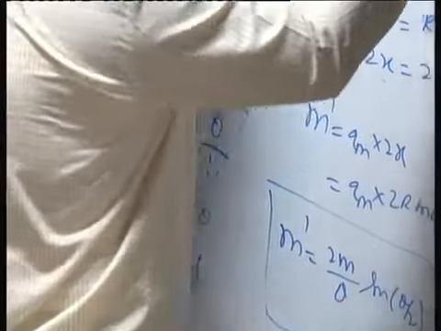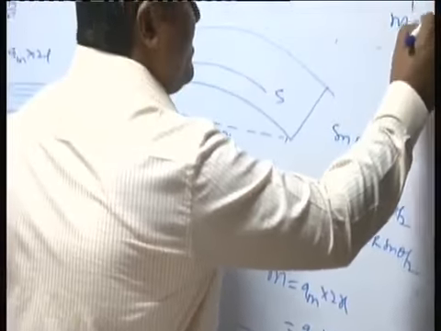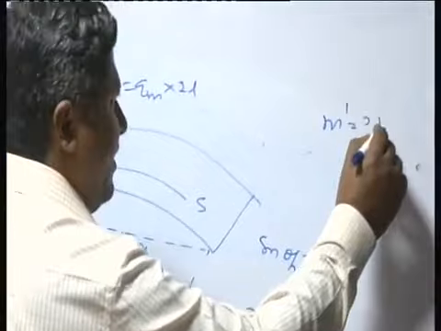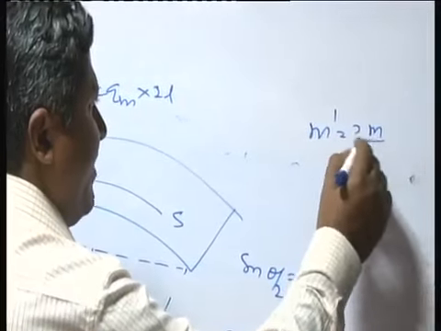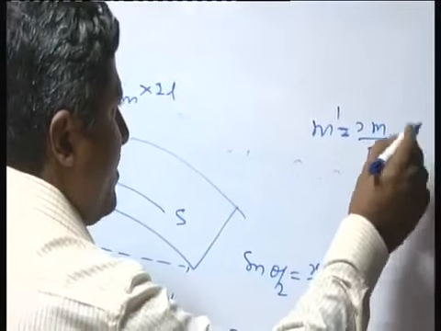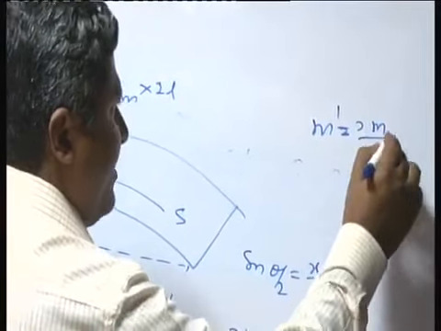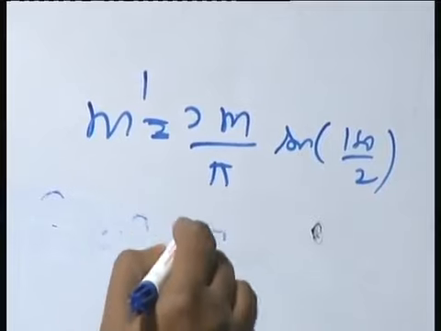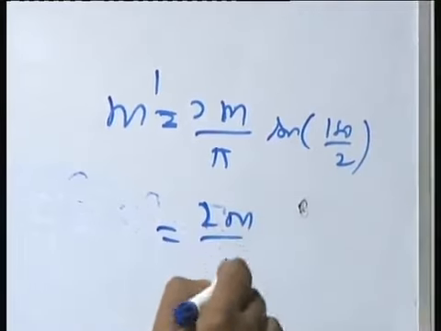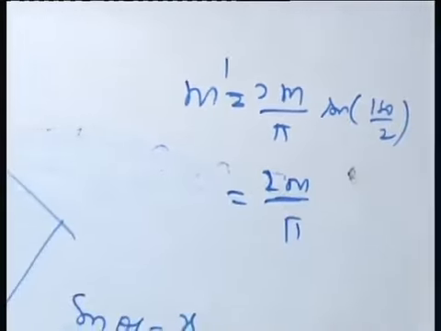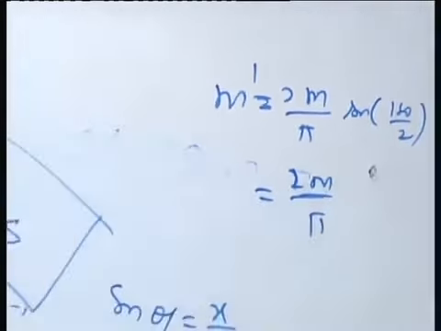Therefore, I will write m dash equals 2m by pi into sine 180 by 2. You know that sine 180 by 2 is sine 90, which is 1. Therefore, m dash equals 2m by pi. Like this, directly using this expression, you can find the new magnetic moment.